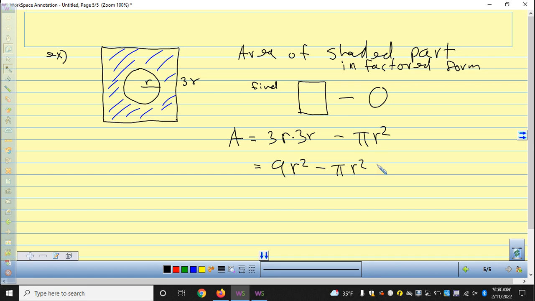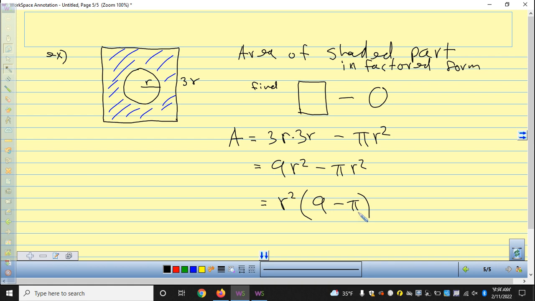Can we see what each of these terms has in common without listing all the factors? R squared. Each one has an r squared. So I'm going to put that in front. And if I take an r squared out of here, what am I left with? 9. And if I take an r squared out of here, what am I left with? Negative pi, yes.